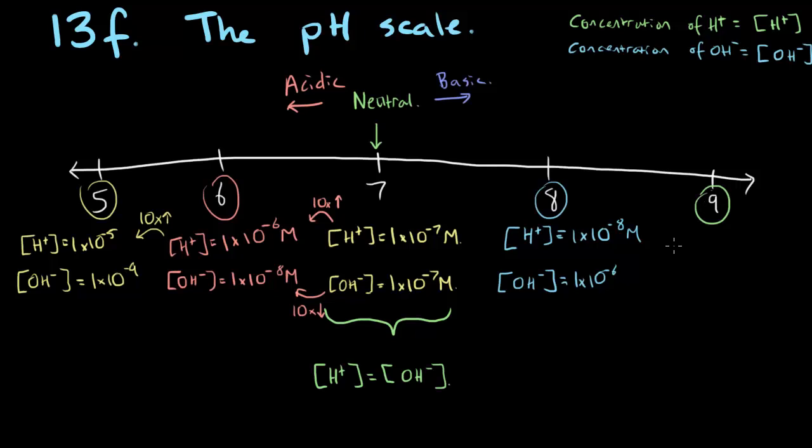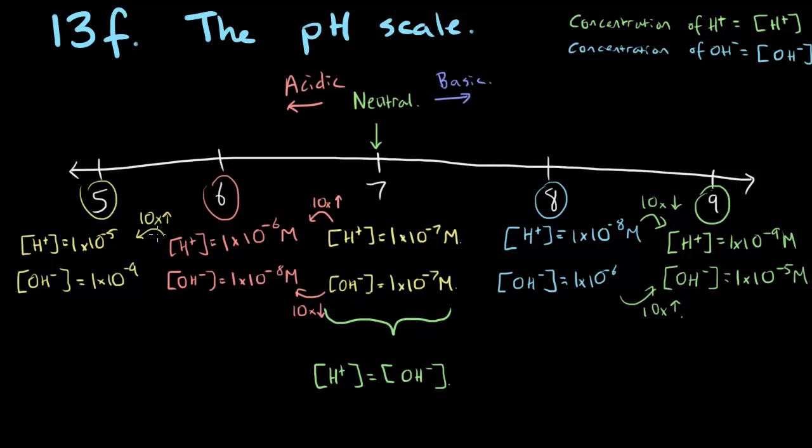In our pH 9 solution, we now have concentration of H+ equals 1 times 10 to the power of -9, and concentration of OH- equals 1 times 10 to the power of -5 moles per litre. So this is a 10 times decrease, this one a 10 times increase.